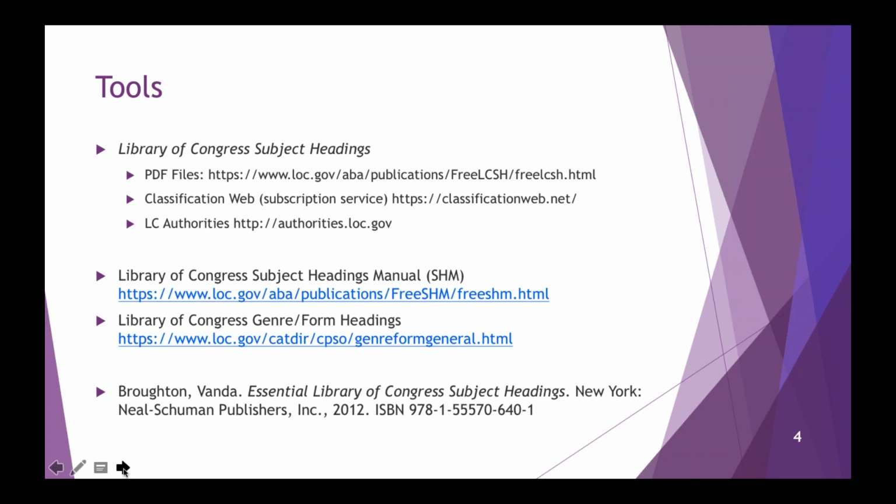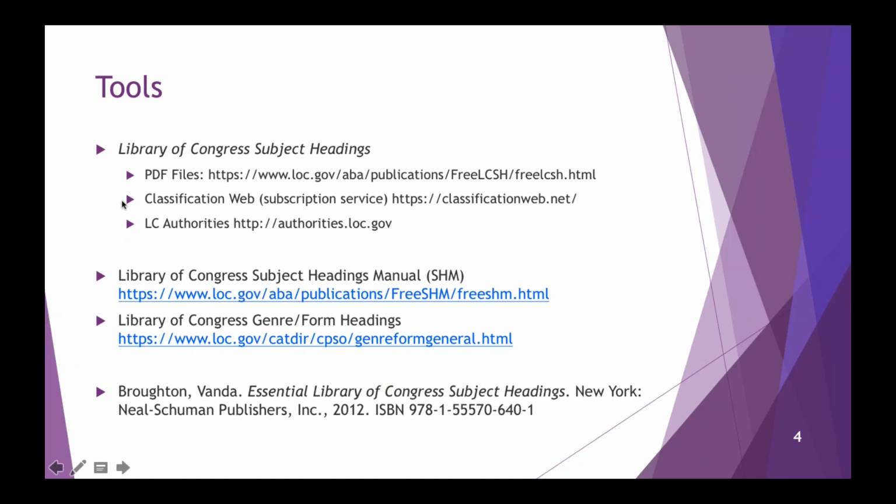So the subject headings manual is this instruction sheet, collection of instruction sheets on how to create and use LCSH terms. So our tools for today, first off, the full set of the LCSH vocabulary, all of the topical terms, all of the free-floating subdivisions and such are available as PDF files at this link here, the first link that you see under Library of Congress subject headings.